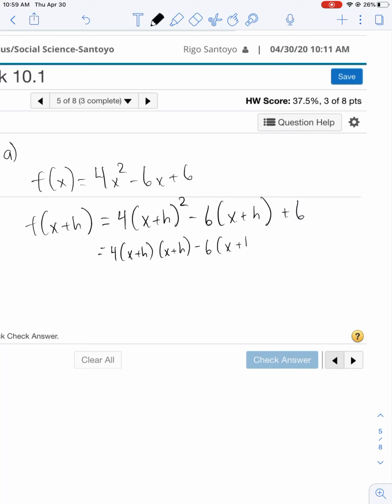Bring everything else down for now. Now we can start distributing. I'll distribute there and there, and I'm going to put that in its own parentheses. This negative 6, I'll distribute there and there.